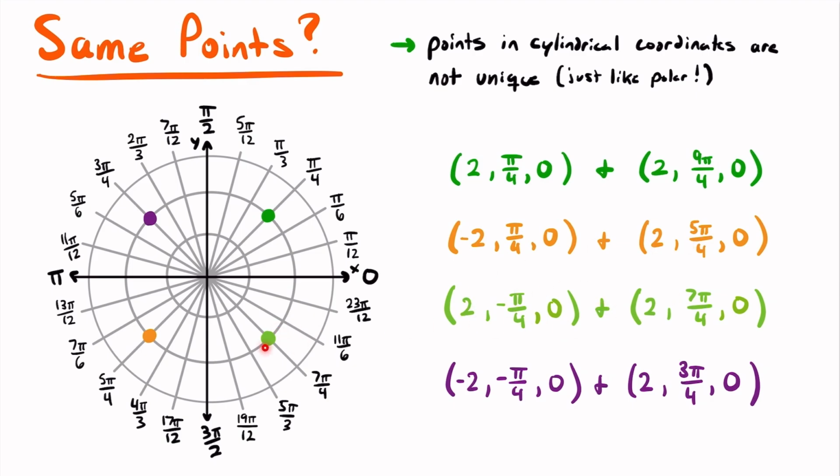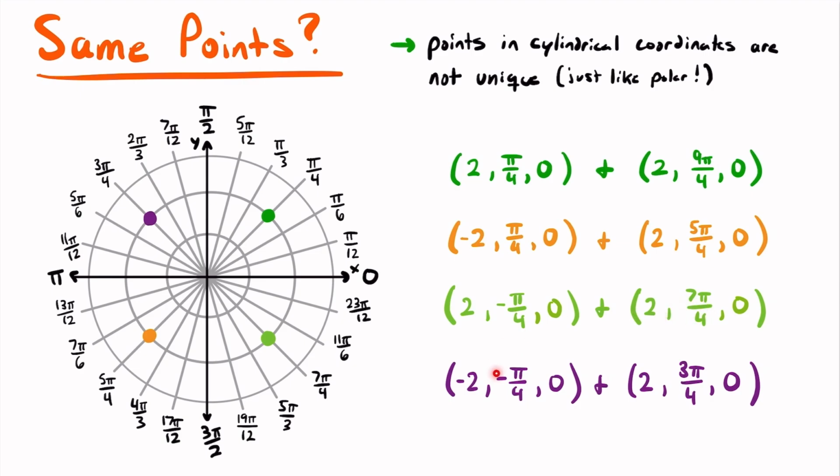Okay, and then for this point down here, if you have a positive radius of 2, but an angle of negative pi divided by 4, you go below the polar axis by negative pi divided by 4, so you're at an angle of 7 pi divided by 4, but you could represent that point by just simply using the angle of 7 pi divided by 4, right? You could just add 2 pi to negative pi divided by 4, and there's your new angle of 7 pi divided by 4.